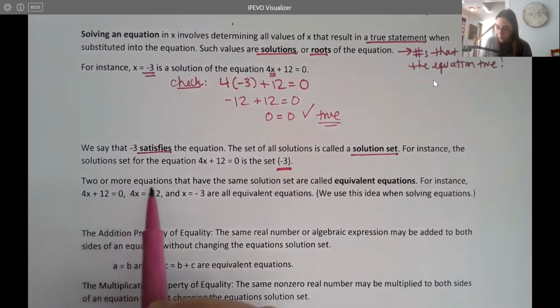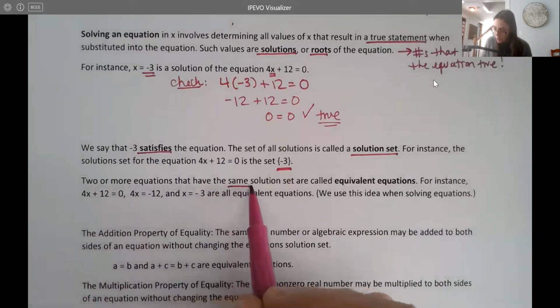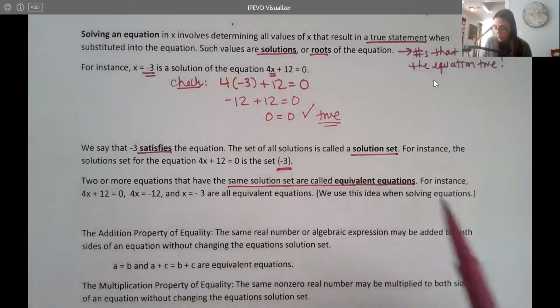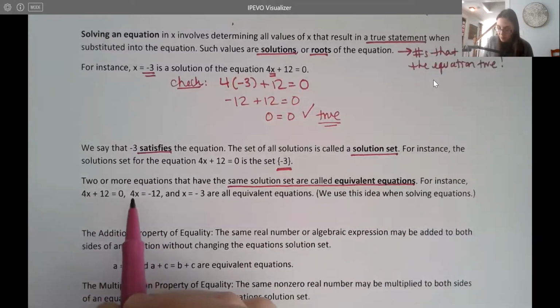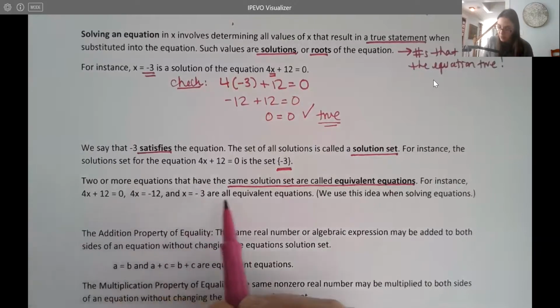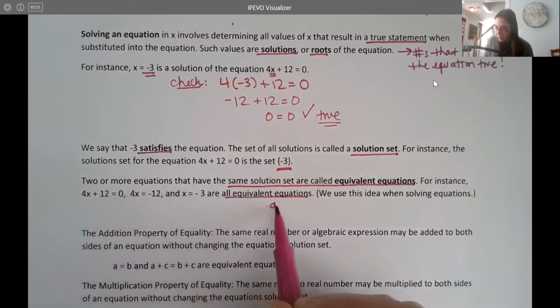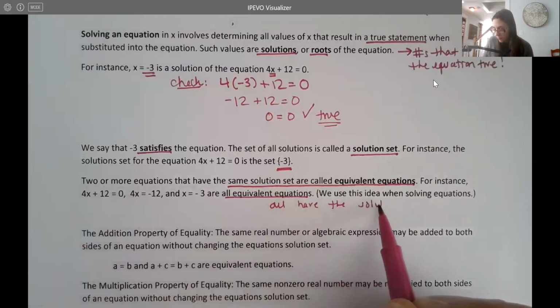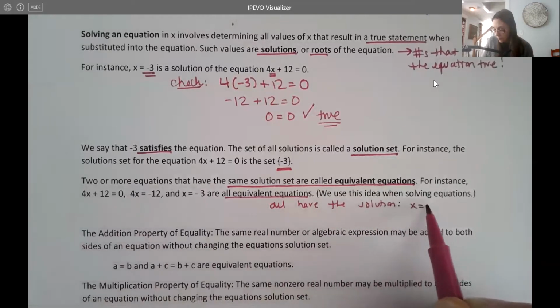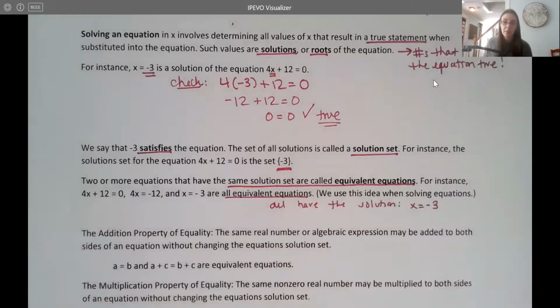Now, two or more equations that have the same solution are called equivalent equations. And here's an example. 4x plus 12 equals 0, 4x equals -12, and x equals -3 are all equivalent equations because they all have the solution x equals -3, right?